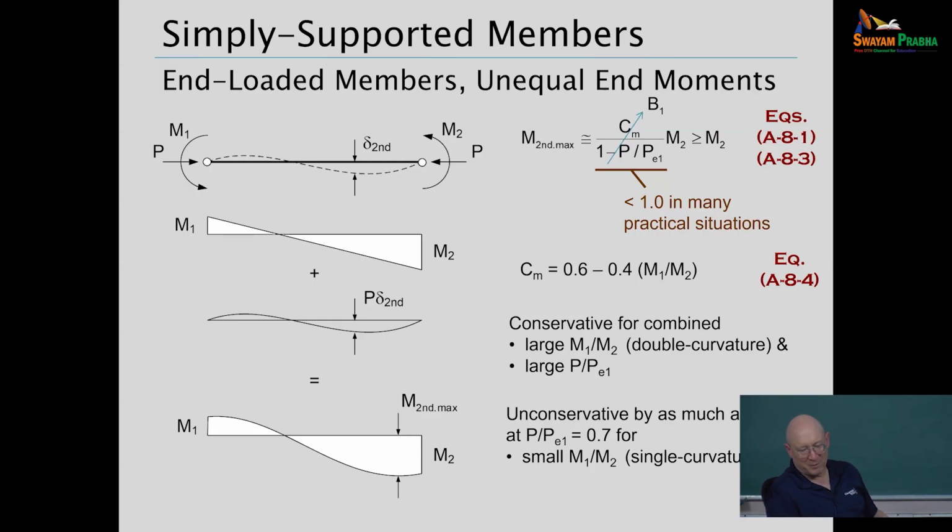It's a little conservative for combined large M1 and M2, so double curvature or reverse curvature bending and large PE1. But it's a fairly adequate approximation.